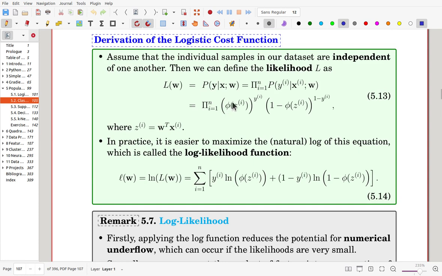These are probabilities, and if you multiply numbers between 0 and 1 many times, as many as the number of data points, then the product can be very small. So we can have numerical underflow. By taking the logarithm, it changes into a summation so that underflow can be reduced.